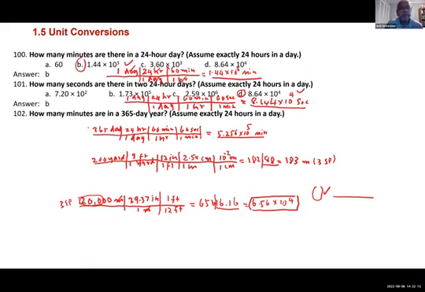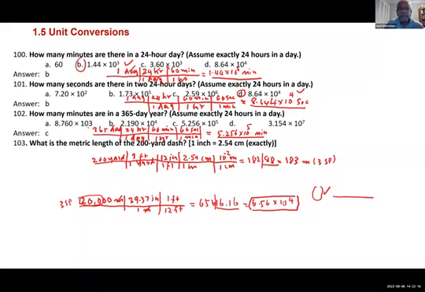Then you also have to know length, how you convert a 200 yard dash to meters. If you are one of the athletes here, you're probably familiar with this distance. A 200 yard dash is 183 meters. So you convert yards to feet, 3 feet in a yard.